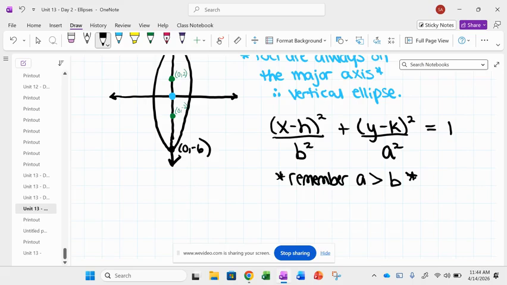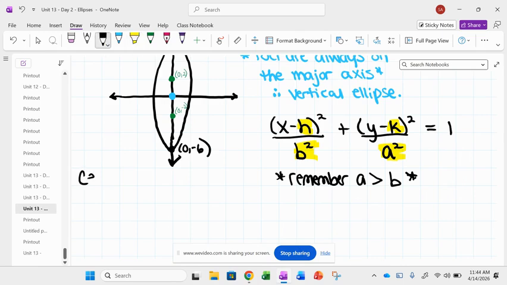Now, in order for this equation to make sense to the reader, we need certain values. I need to know h, I need to know k, and I need a b squared and an a squared. Once I have h, k, b squared, a squared, then I sub in and my equation makes perfect sense. What is h comma k? 0, 0, which represents our what?